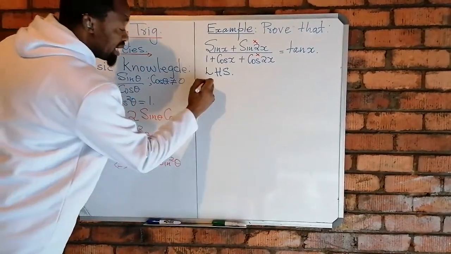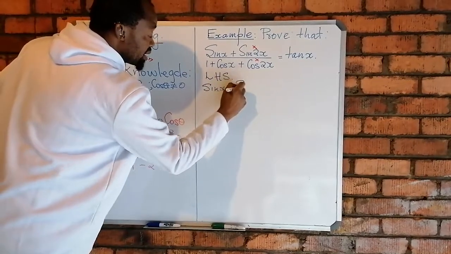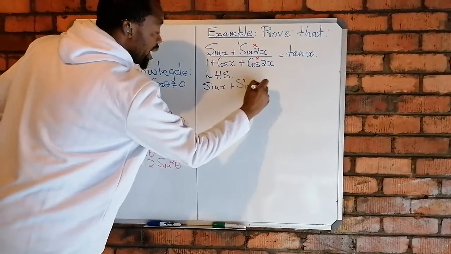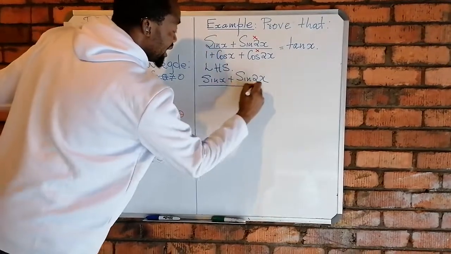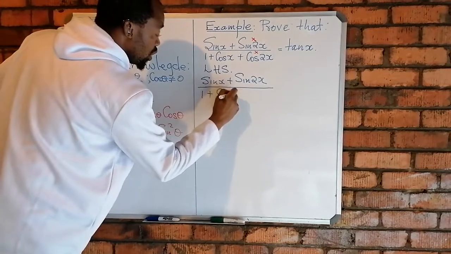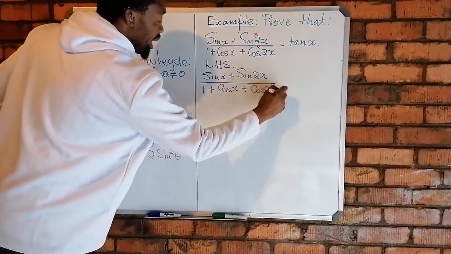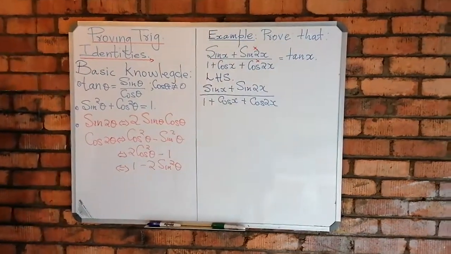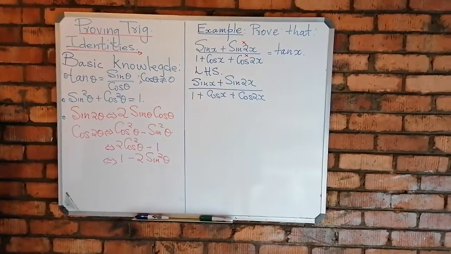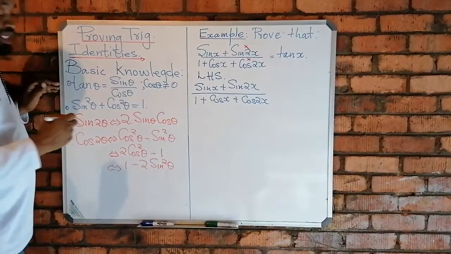And my left-hand side is sine x plus sine 2x divided by 1 plus cos x plus cos 2x. That is the side that I can simplify the most. Now, how do I simplify this?